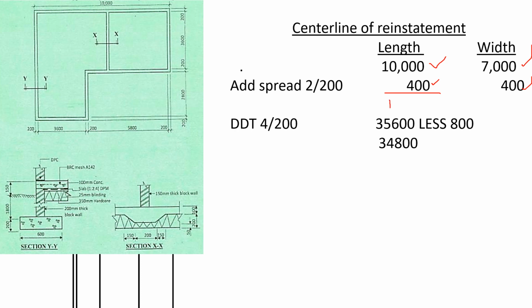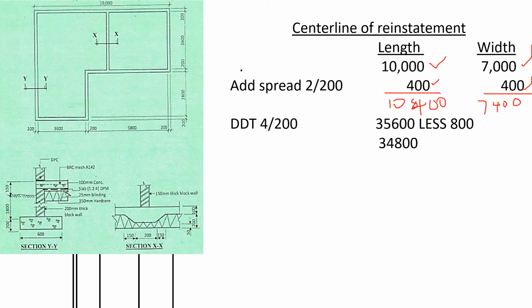So here we shall get 10,400 and 7,400. After that, we need to get the total perimeter, which is 2 times 17,800.